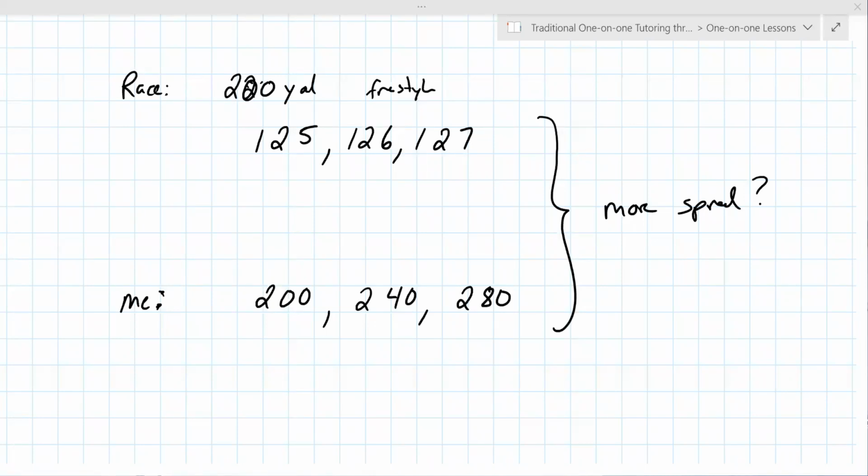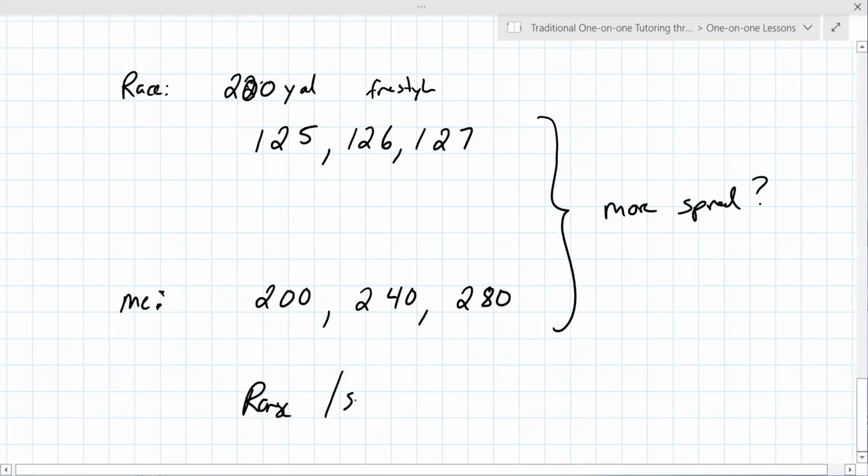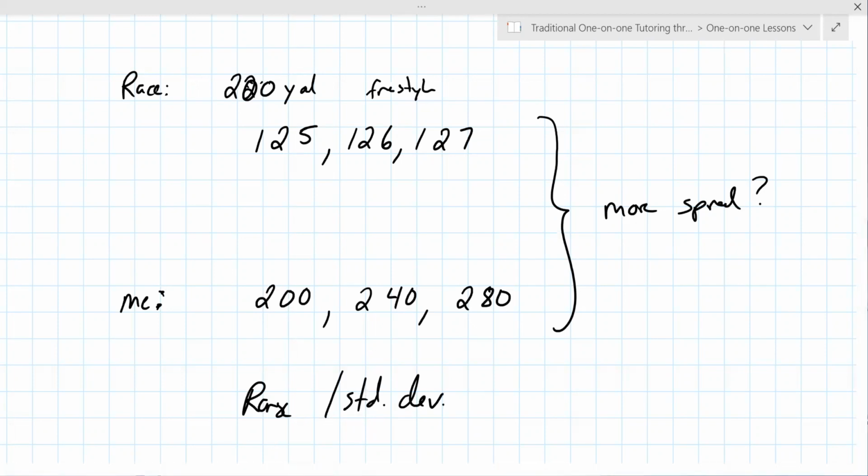Very good. So in some ways, range and standard deviation are very much the same. Meaning the one with the greater range has greater standard deviation. Greater standard deviation means greater range. Okay, so keep that in mind as we look at this next problem.